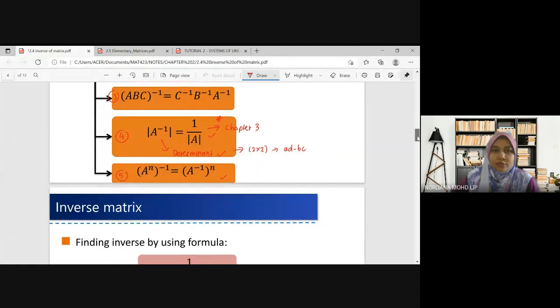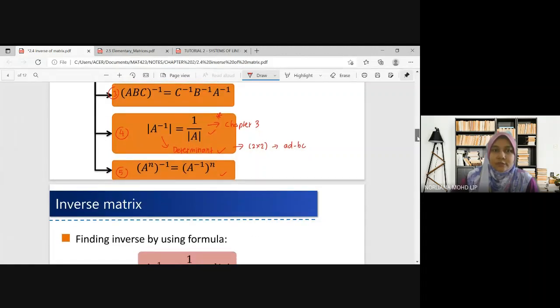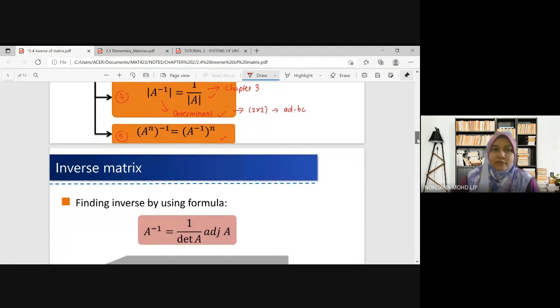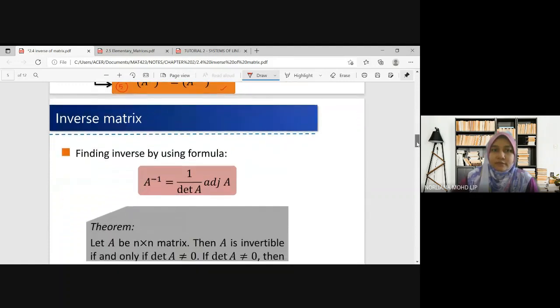Okay, kita tengok contoh. Okay, the method how to find the inverse of matrix. Methods how to find the inverse of matrix. Okay, first we can use the formula.